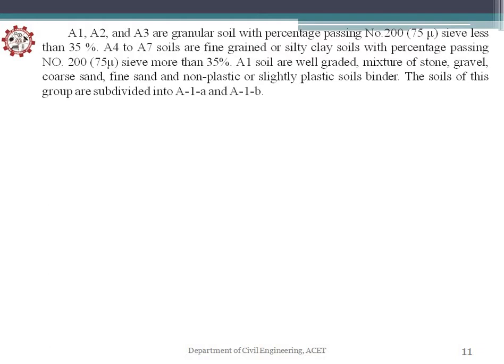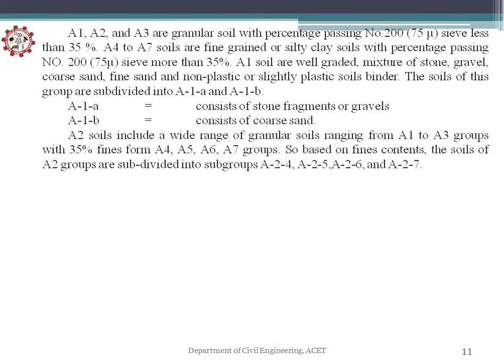A4 to A7 are fine grained soils with more than 35% passing sieve 200, that is 75 microns. A1 are well graded soils, and A1a and A1b are subdivisions that consist of gravels and coarse sand.